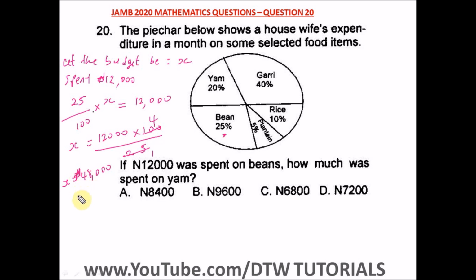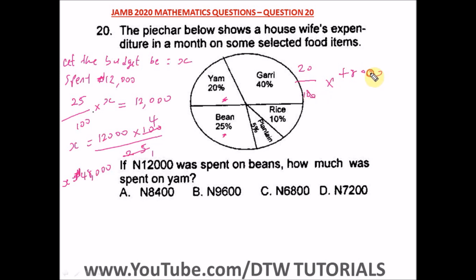So that means she was given 48,000 naira to spend, and she spent 25% of that on beans, which was 12,000 naira. So we want to know how much she spent on yam. So she spent 20% on yam. So we're going to find 20% of the full budget. So we have 20 over 100 times our budget, 48,000 naira.